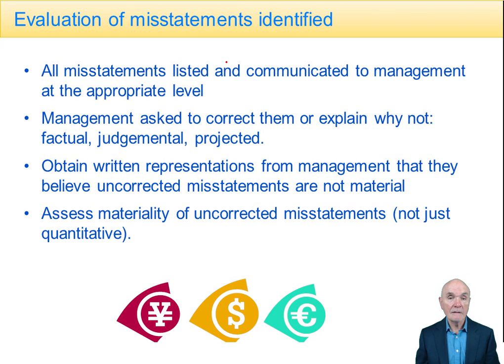But sometimes you, the auditor, could be wrong, because sometimes, particularly in matters of judgment, it's management who has the better judgment. And there can be a real tussle, a real discussion is needed here to see which way we're going to go, whether we accept that figure or whether we still push for it to be changed.